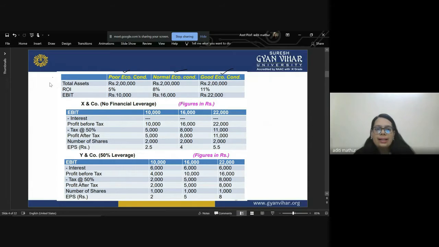So the total assets are 2 lakh, 2 lakh, and 2 lakh. ROI is 5%, 8%, 11%. Now, where did we get this 5% and 11% from? Remember, in the question, they said 3% up and down from the normal situation, that is your 8%. So it was hidden information and we have calculated it.